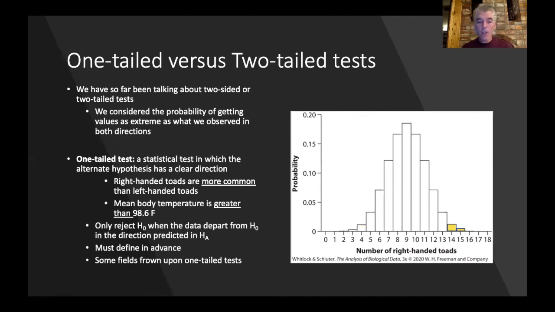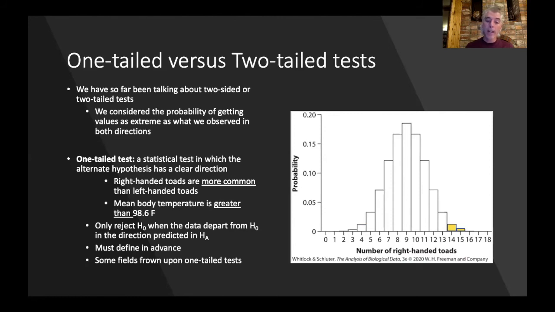But we might also have a situation where we have an alternate hypothesis that doesn't simply claim that there is a difference, that right-handed and left-handed toads differ in frequency from 50-50, but we might have an alternate hypothesis that is in fact directional, that states a clear direction.